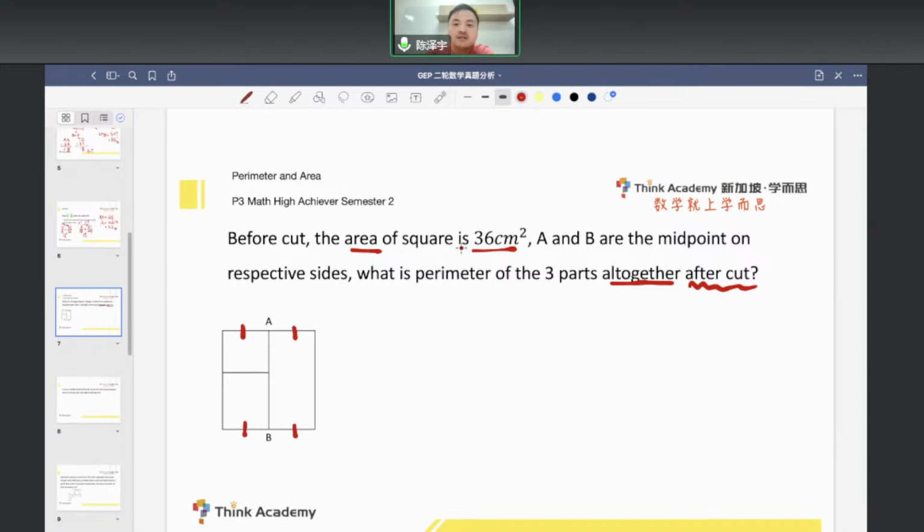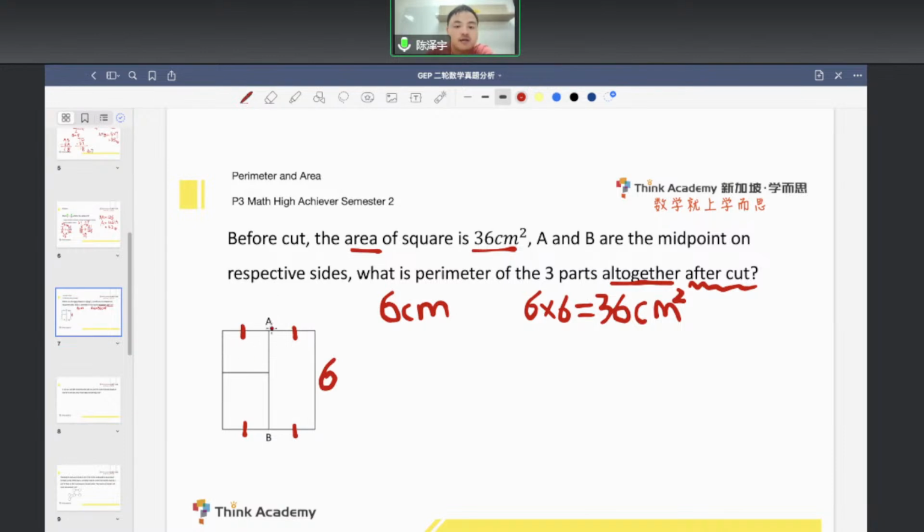They gave us that the area is 36. Based on this, I know the side of the square is 6 cm, because 6 times 6 equals 36. That's how you find the area of a square, correct?